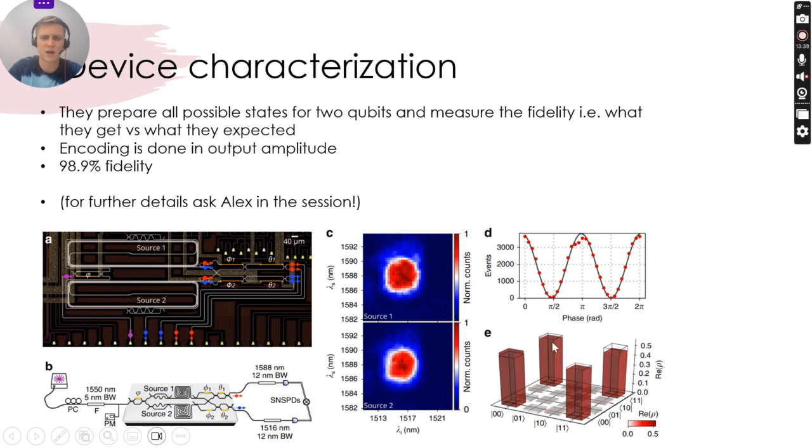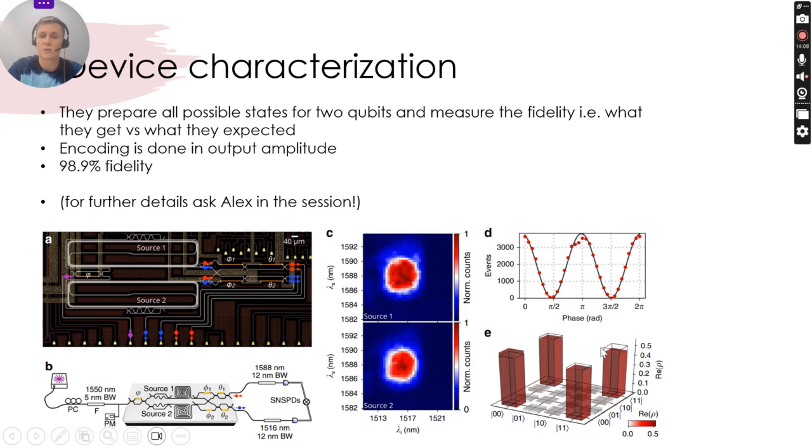I don't remember if I went through all of these states, but 0, 0 is probably a 0 intensity of both of these outputs. A 1, 1 is probably like a 100% amplitude output of these single photons, and 1, 0 is probably like this one having output and this one having no output, and 0, 1 is probably the opposite, so this one having output and this one not having output.